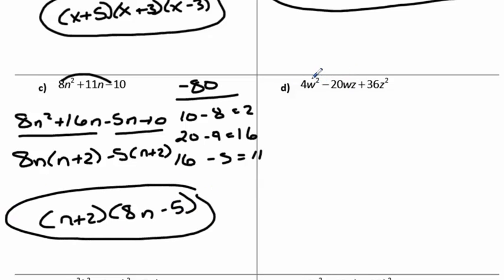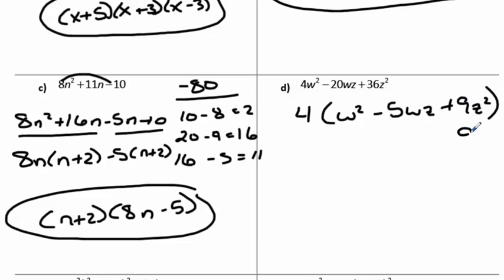In part D, 4w squared, 20wz, and 36z squared can all be divided by 4, so we're going to factor that out first. It'll be 4 times w squared minus 5wz plus 9z squared. Now, since the coefficient of w squared is 1, I can use 1 times 9 is just 9. Let's break down our 9.